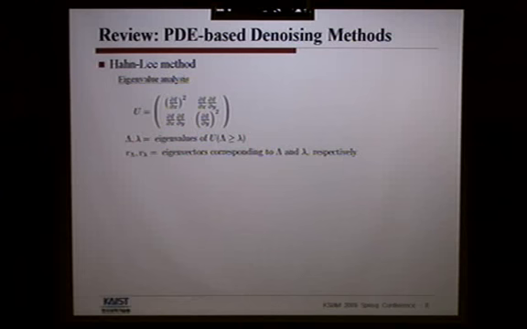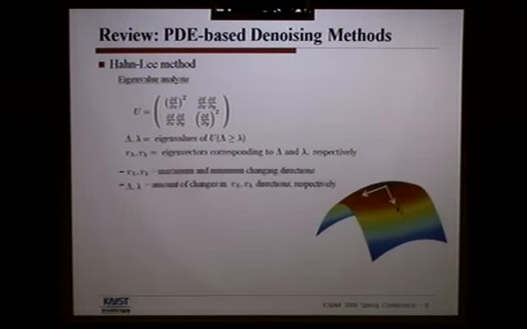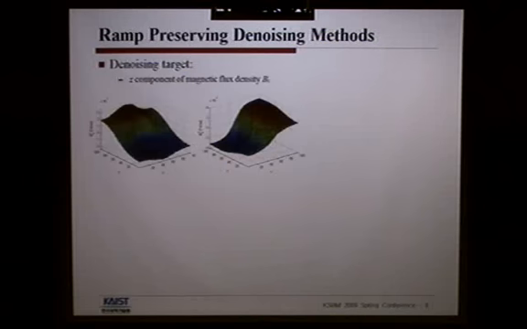So if lambda is small, lambda is large, that means this maximum eigenvalue, minimum eigenvalue, both large means we have noise or we have corners. But in this BZ image, we have no corners, so that shows that it is noise. Okay, so that is just the mathematical description.